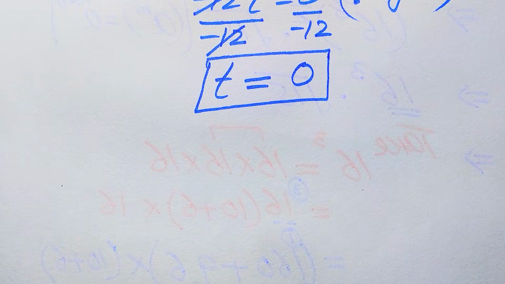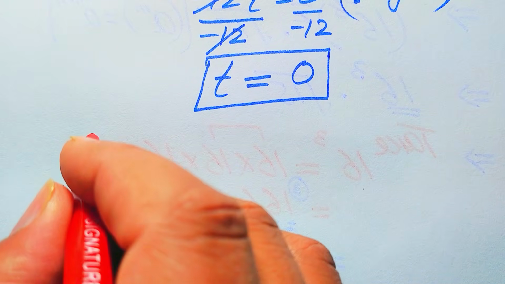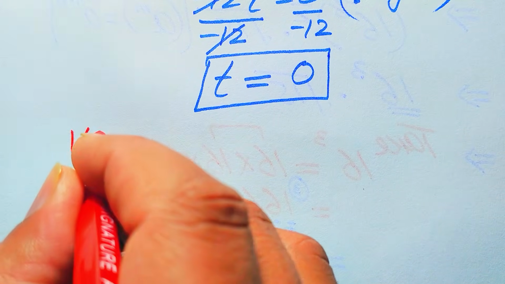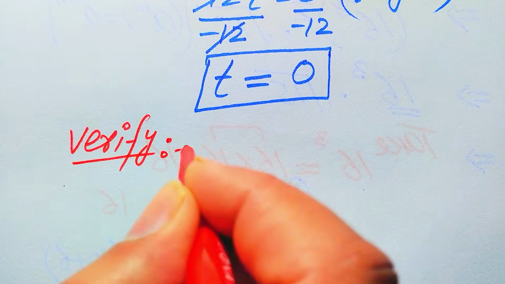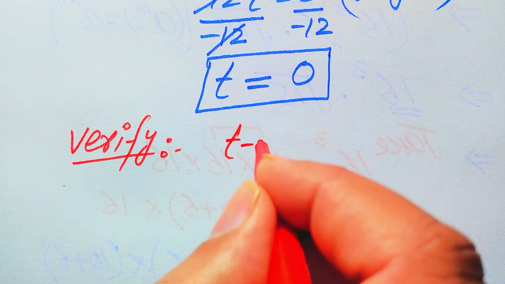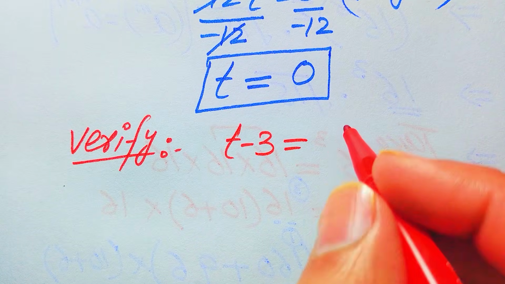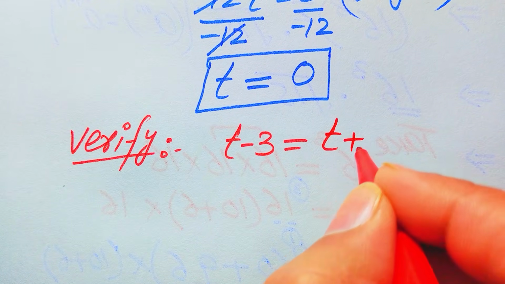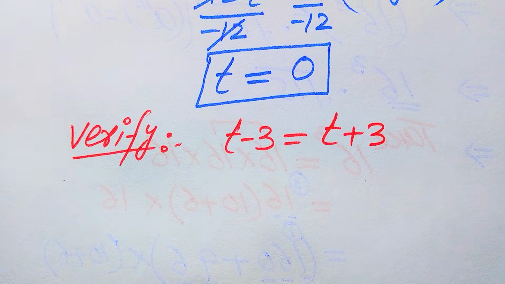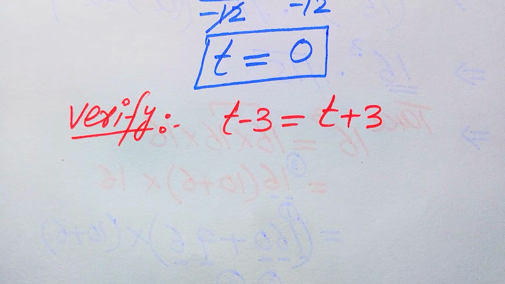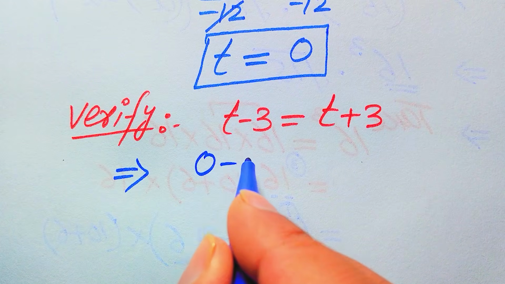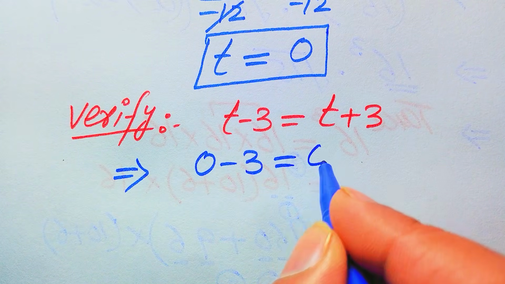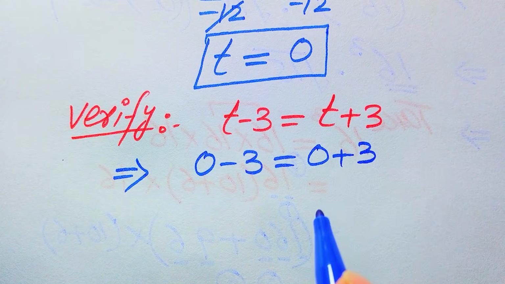In the next steps we need to verify whether this value is the solution or the extraneous root. For verification we need to copy down the given question statement. Here it is: t minus 3 is equal to t plus 3. Here we substitute the above value of t on both sides and check its behavior, and when we put it here it becomes 0 minus 3 is equal to 0 plus 3.